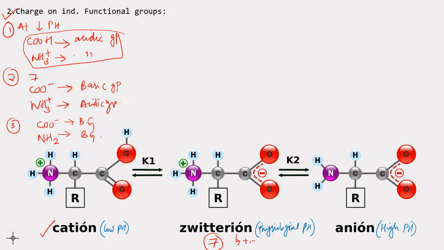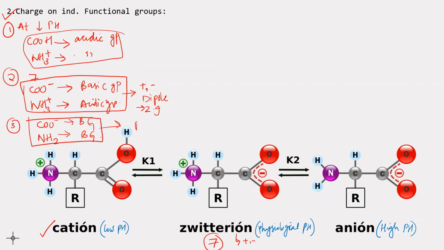In the second one, one functional group is basic and the other is acidic, which makes it have both plus and minus charge, hence it has a dipole separated by two opposite charges and is called a Zwitter ion. And the third one is both basic, also called the anion, which is represented by a minus sign. This is the cation.